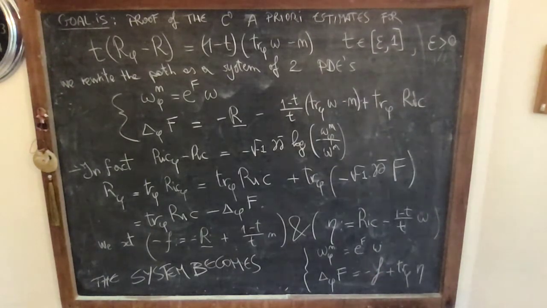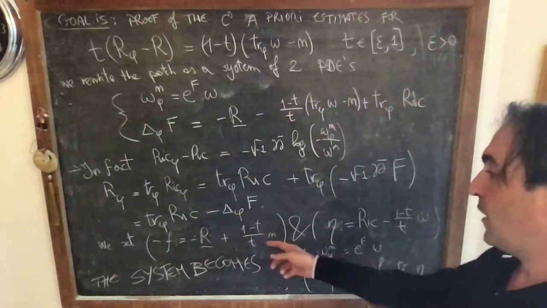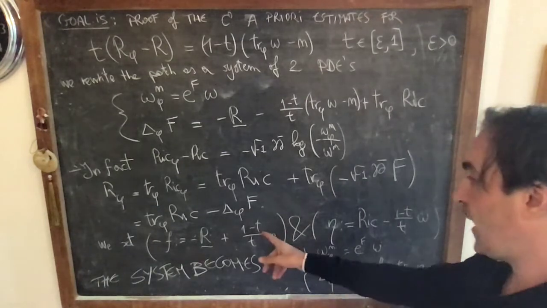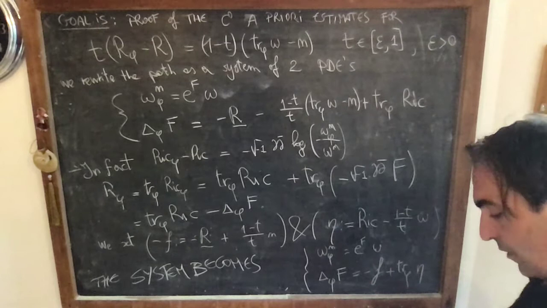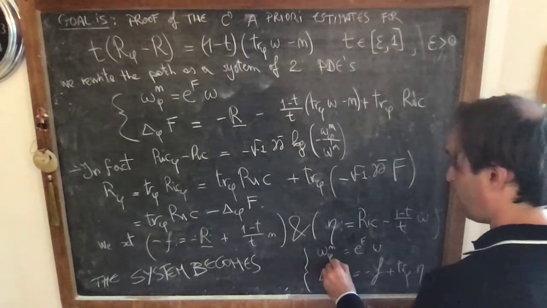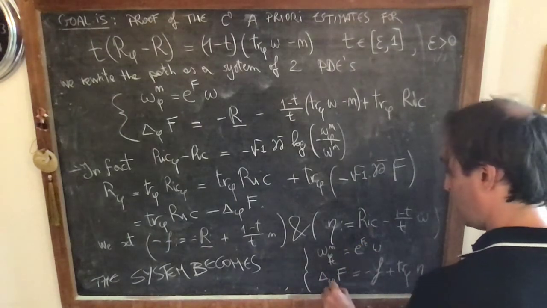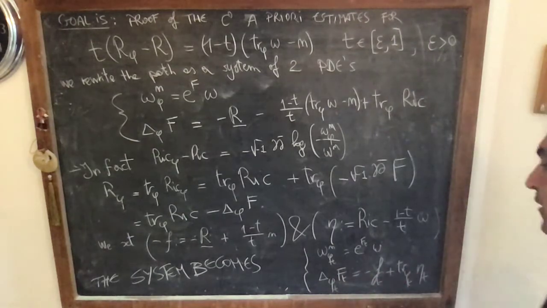Great, so both f and eta only depend on the initial data and on the parameter of the continuity path. So if we want, we can emphasize t here, t here, t here, and here.